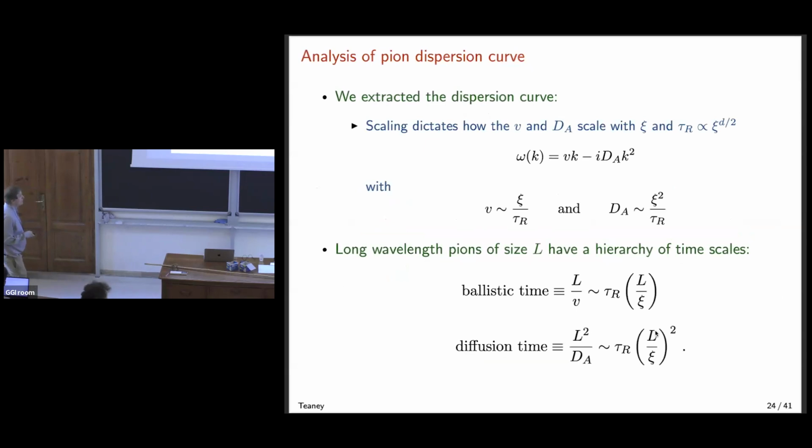Okay. So we have this theory of pions. There's this separation of time scales. If you have a pion of wavelength L, there's a ballistic time L over V and a diffusion time L squared over D. And they have this scaling where the ballistic time is tau r L over c, and the diffusion time is tau r L over c squared, which is long.